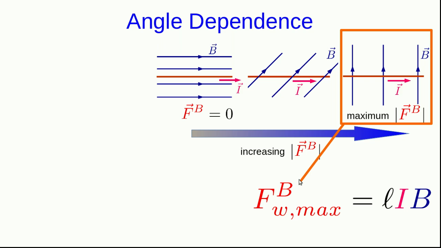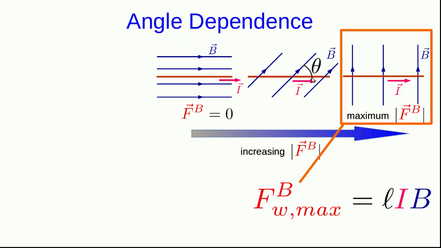So now if we already know the magnetic field strength from some prior experiment, then we know that for a wire perpendicular to the magnetic field, we can get the size of the magnetic force just by LIB, where all I've done is solved for it out of our definition of the B field magnitude.